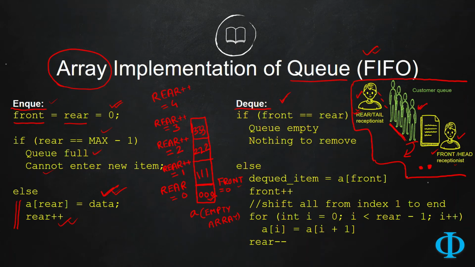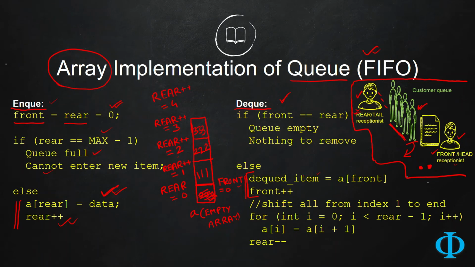What you need to do is this else part, basically these two lines of the else part here, the dequeued item and these two lines show you the algorithm for dequeuing an item. First I am saving the item in a variable called dequeued item equals front. So let's just remove this item.